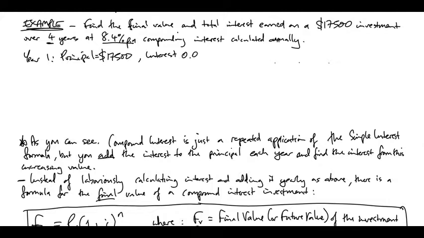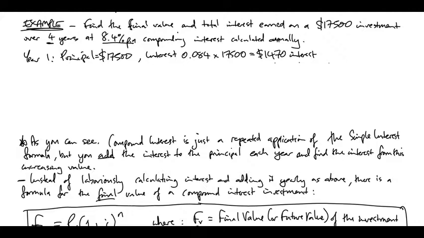So it's going to be 0.084, that's 8.4 as a decimal, times 17,500. Let me grab my calculator. 0.084 times 17,500 is 1470 interest.